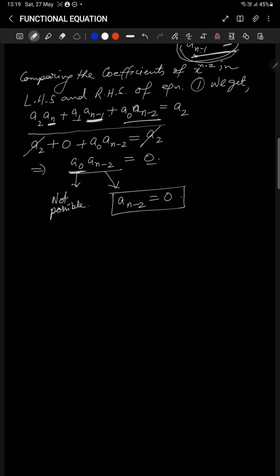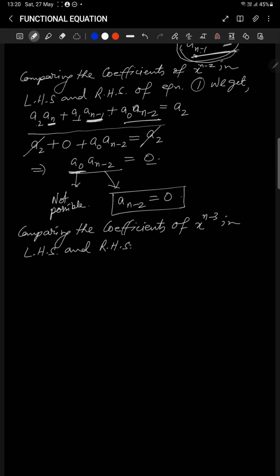Now, lastly, let us find out the same thing, that is comparing the coefficients of x to the power n minus 3 in LHS and RHS of equation 1.